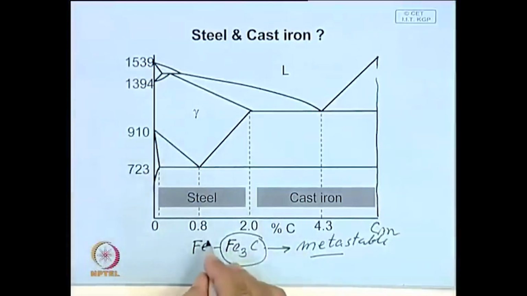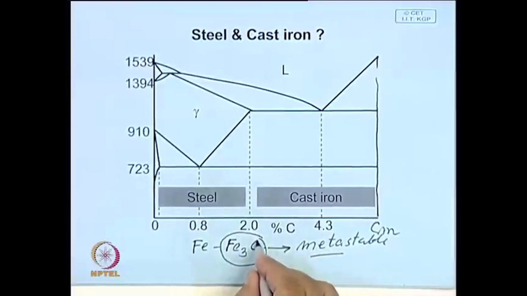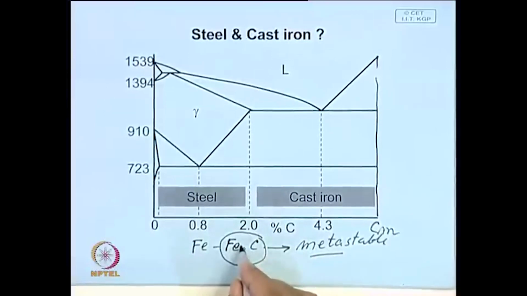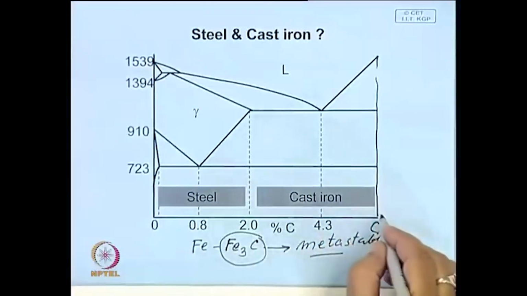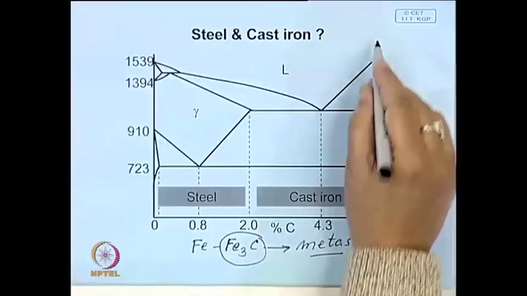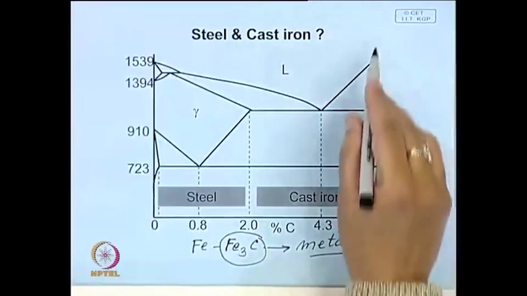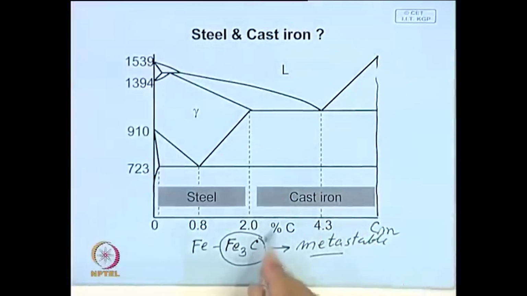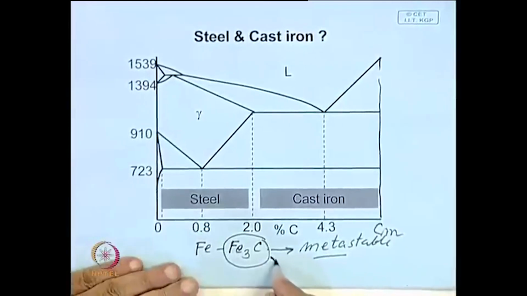Unlike a pure metal, where in BCC you have only 2 atoms per unit cell, here you will have a large number of atoms per unit cell. It has a little complex structure, but let us not go into the details of that. Its melting behavior will be exactly like a pure compound. So, we can say this is some kind of a compound-like structure, and we call this cementite.